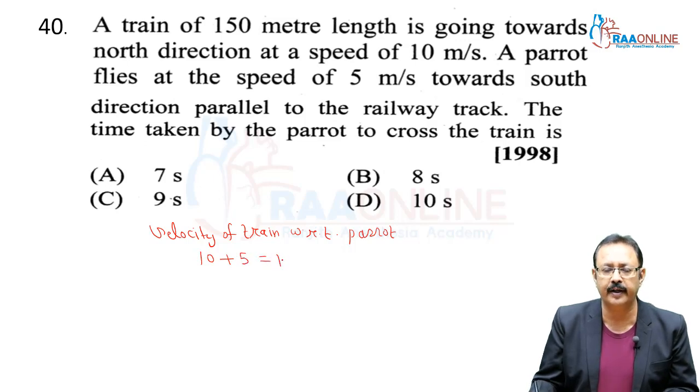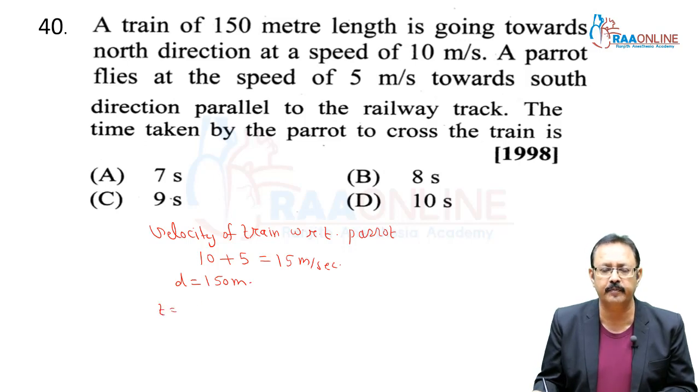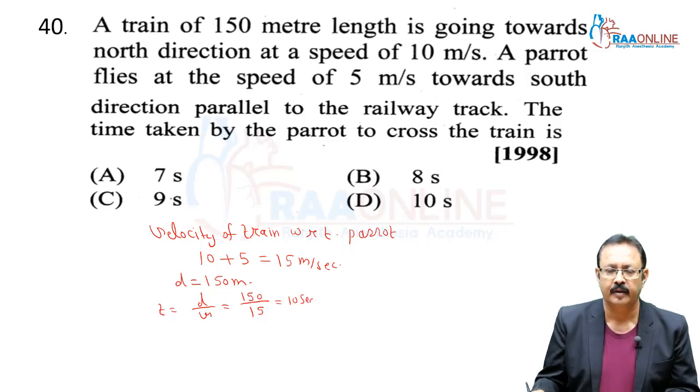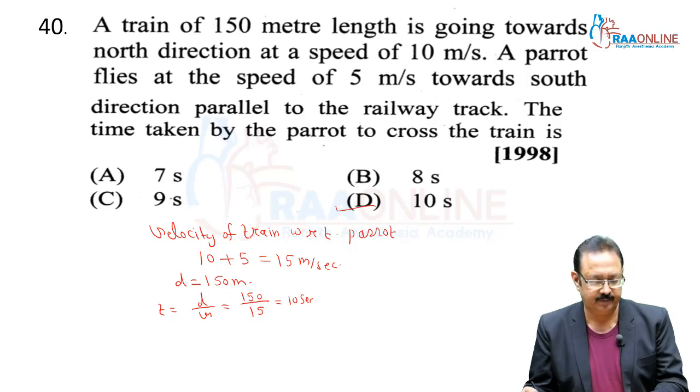So what we are getting? 15 meter per second. So with this speed, it has to cross a distance of 150 meter. We know that time is distance upon speed. So 150 by 15, we are getting 10 seconds. The train will cross the parrot in 10 seconds.